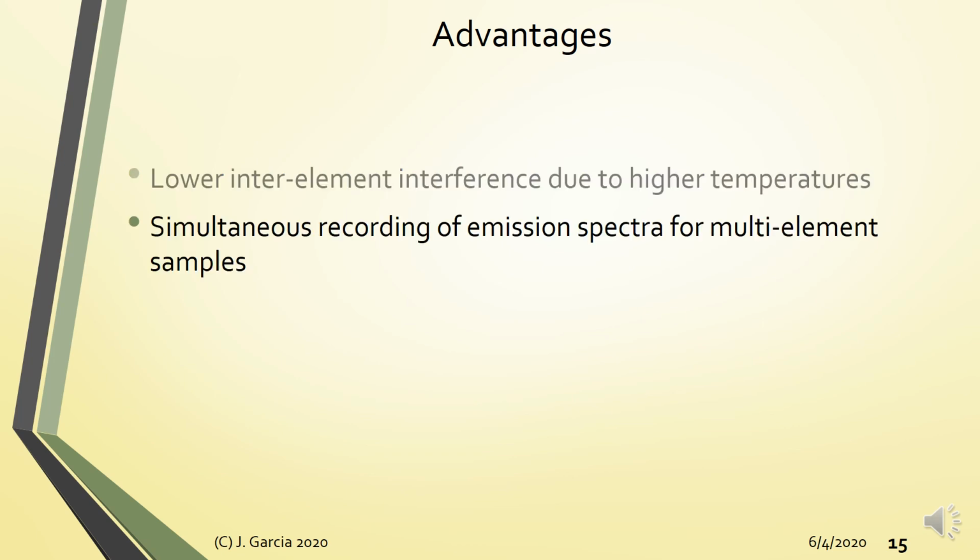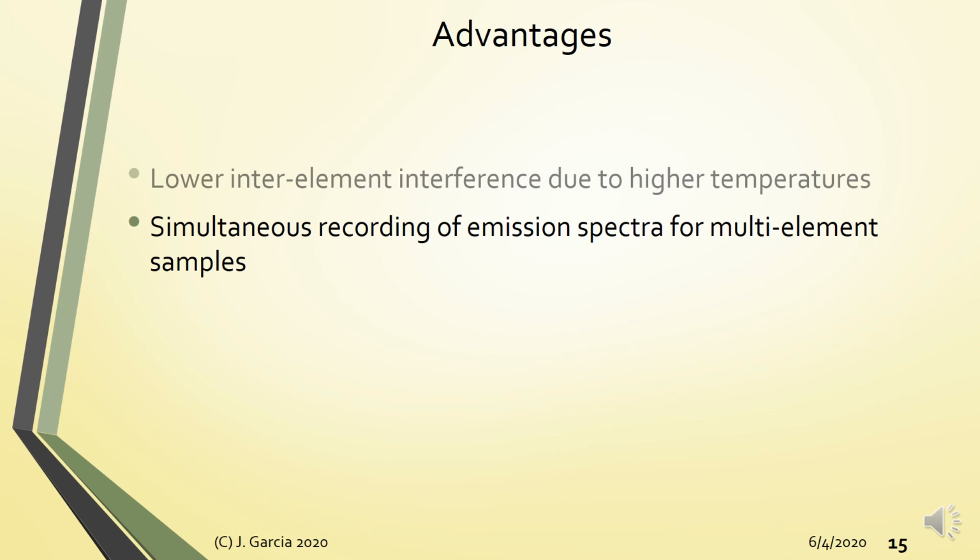Also, because of the multiplex design, you're able to do simultaneous recording of the emission spectra for multi-element samples. Unlike AAS, wherein for each element you have to change your lamp, your hollow cathode lamp or your electrodeless discharge lamp.